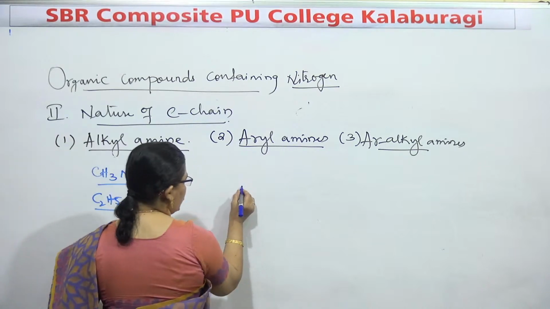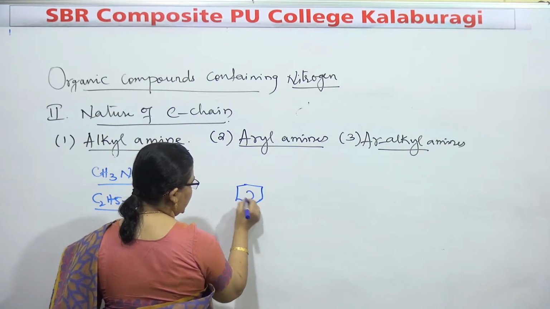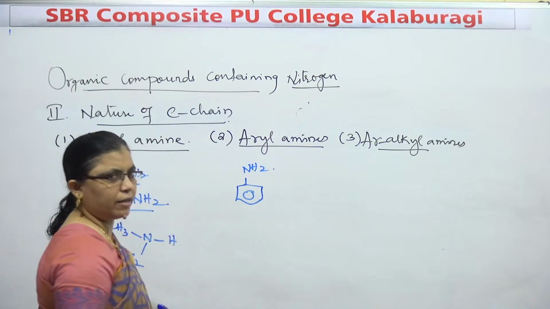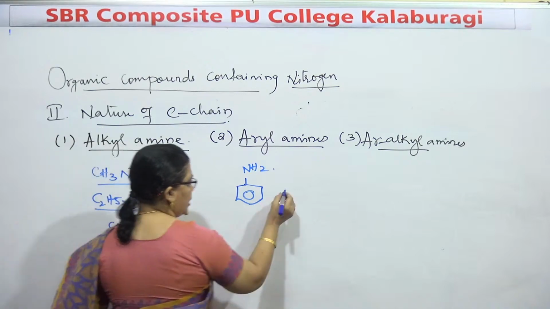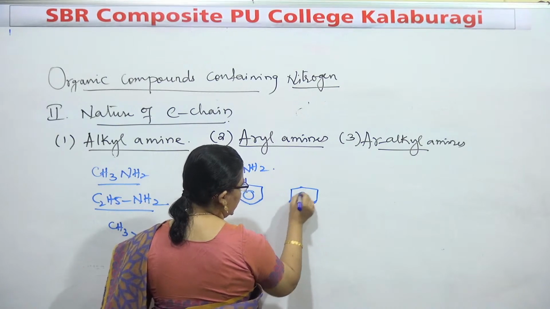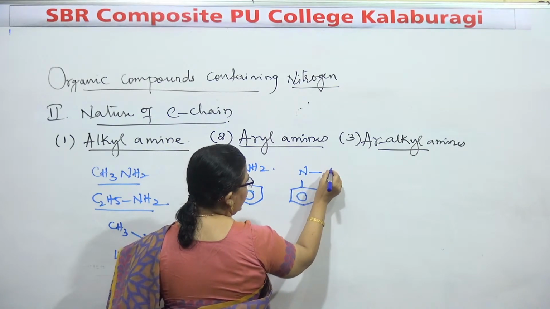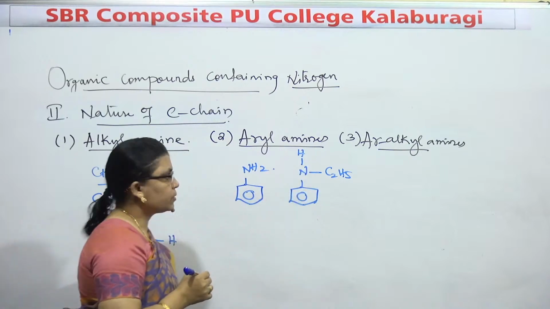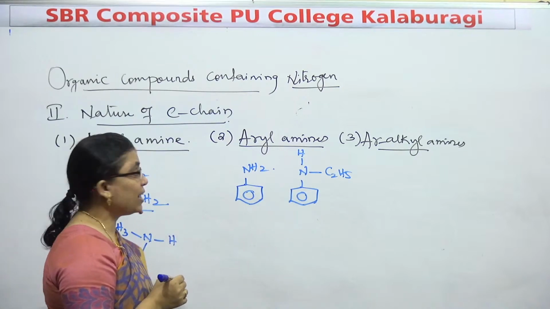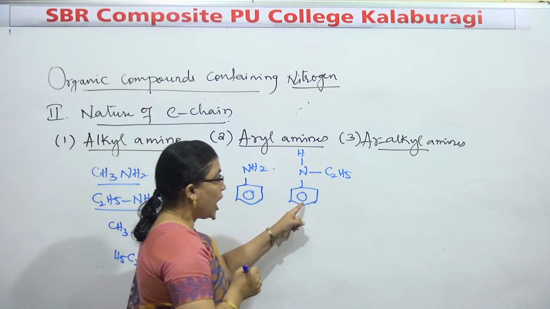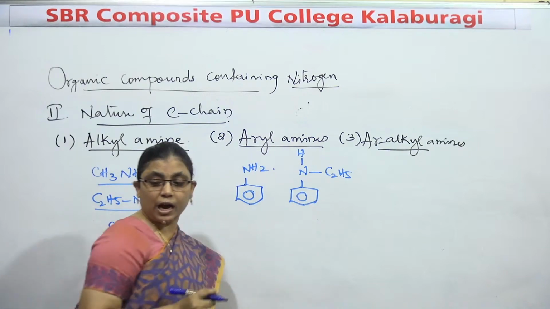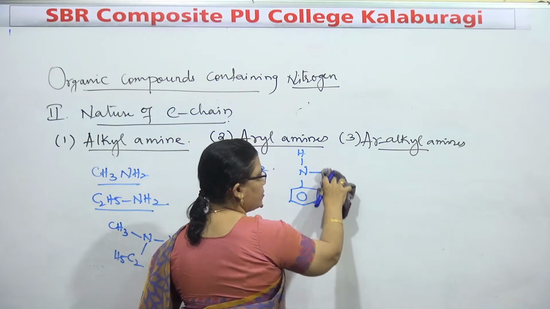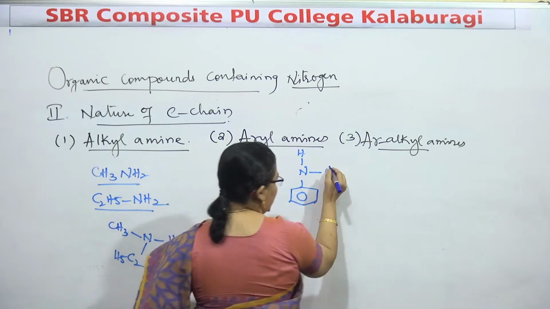So we call it benzene containing NH2, like aniline. Another way, benzene containing nitrogen with ethyl group. Here we are taking alkyl also, aryl also, aliphatic and aromatic, but it will be mixed amine.